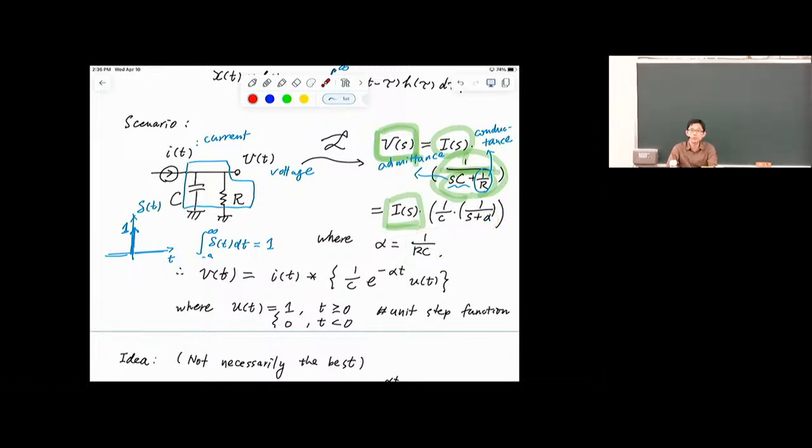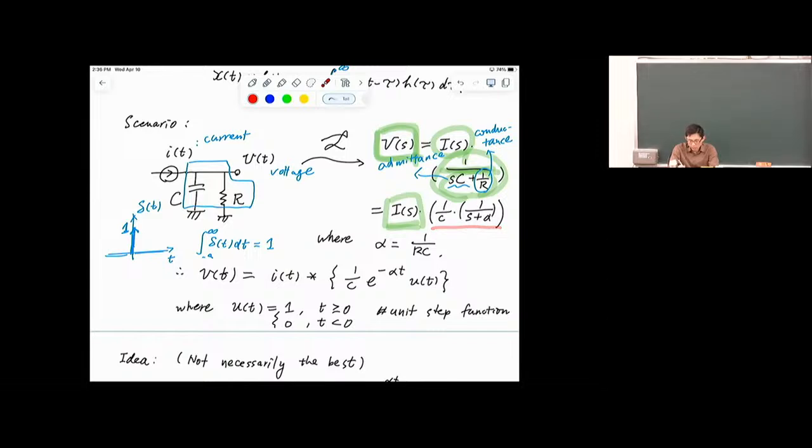This should be pretty straightforward. Here we have I of S times a constant factor, 1 divided by capacitance, times this factor, which is important in the Laplace transform. So this is how the system function looks in the Laplace domain.